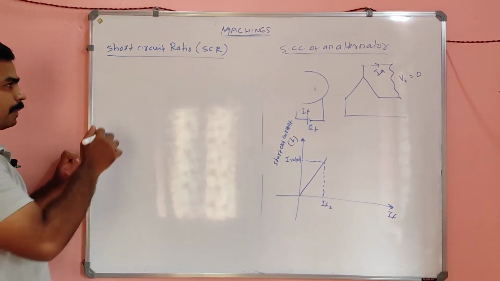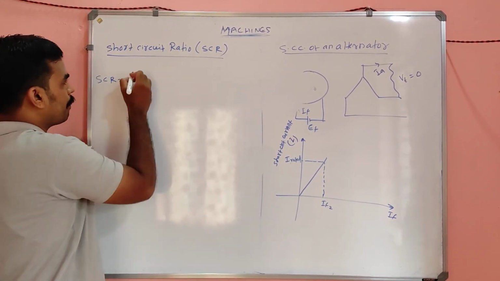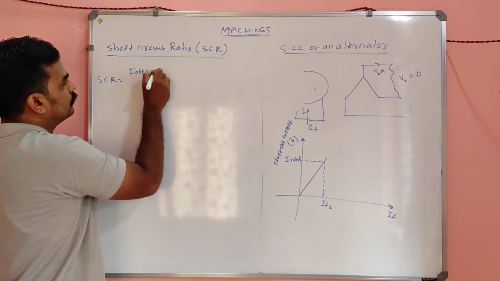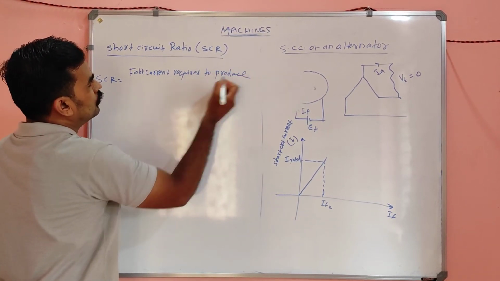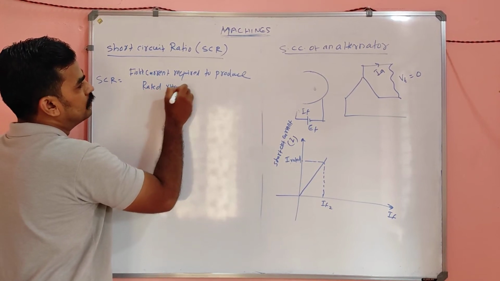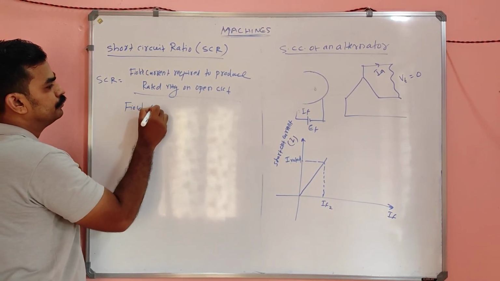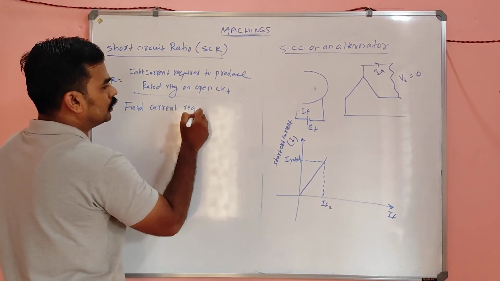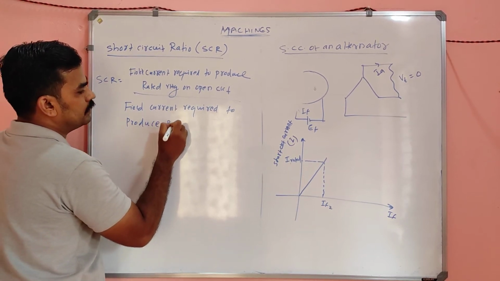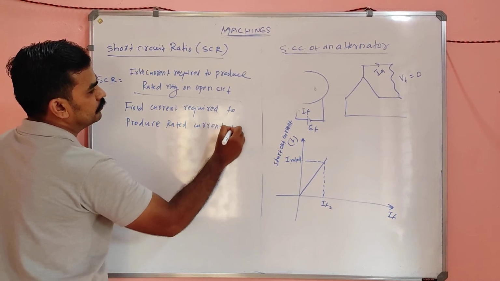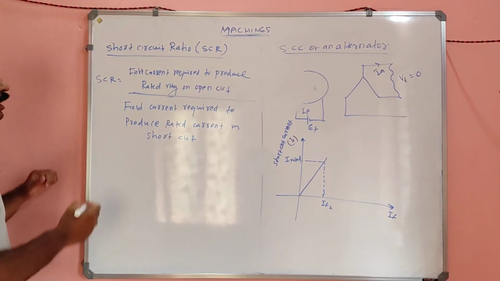Short circuit ratio means the field current required to produce rated voltage on open circuit to the field current required to produce rated current in short circuit. So the ratio between these two will give you the value of short circuit ratio.